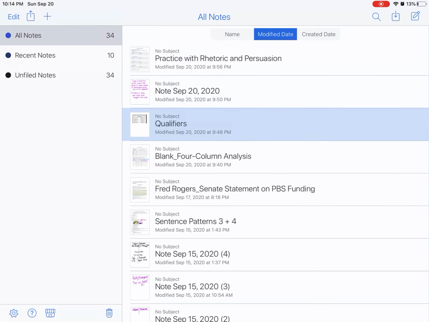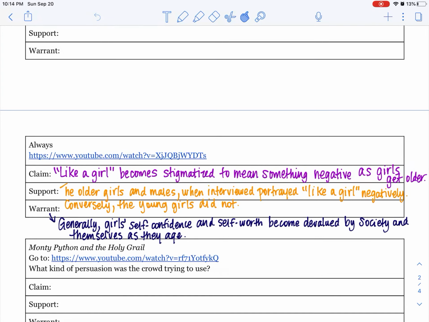So if I take the Always ad, if we're claiming that like a girl becomes stigmatized to mean something negative as a girl gets older, and the support is the interviews with the boys, the males, and the older girls, the warrant, the thing that connects the claim to the support, is that generally, again using the qualifier generally, because it's not always the case, there are strong girls who have influences that are stronger than society, that by the end, they've never felt that like a girl meant anything negative, but they're the anomaly.